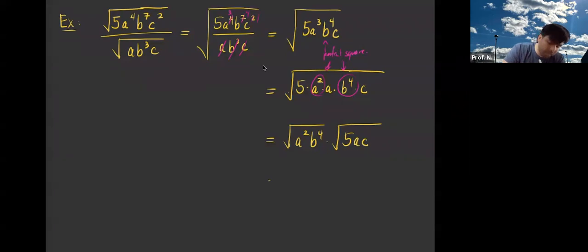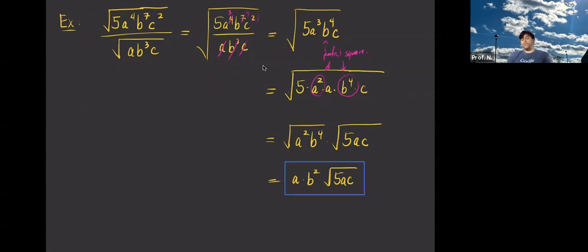But the square root of a squared is a. The square root of b to the fourth is b squared. So a b squared rad 5ac. And this is the result of division of the original 2 radicals that I had. Okay. So that's dividing.